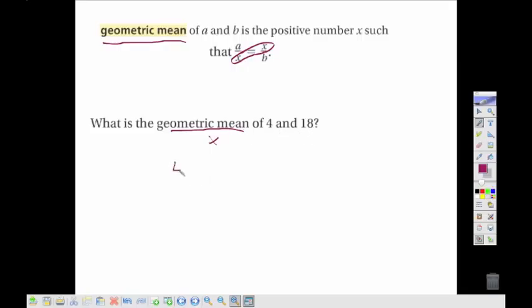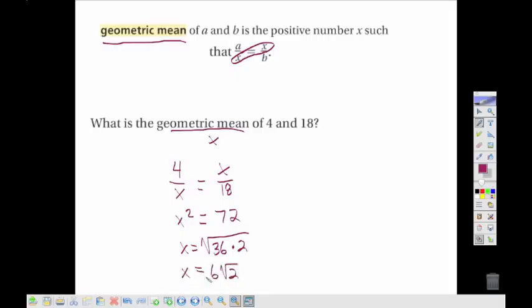So we're going to set up a proportion where x is on the bottom on one side, and on the top of the other side. Basically, the geometric mean between the two numbers, so it'll be like this. When I cross multiply, that's going to give me x squared equal to 72. We can't take the square root of 72 directly, but we might notice that we can get 36 times 2, allowing us to pull out a 6.